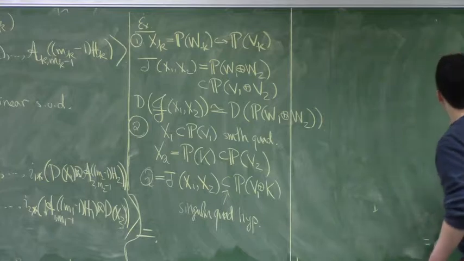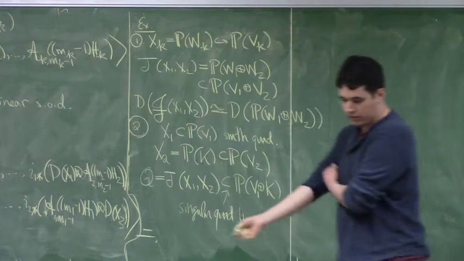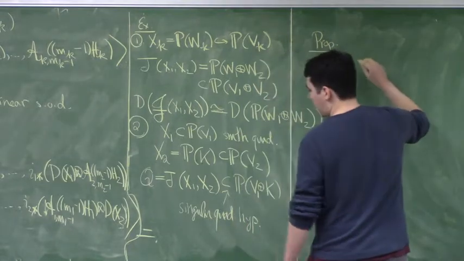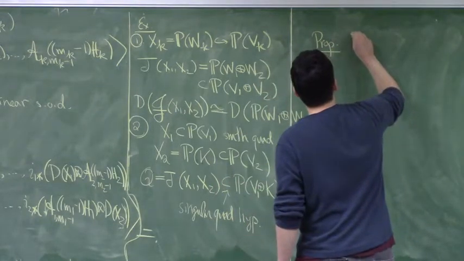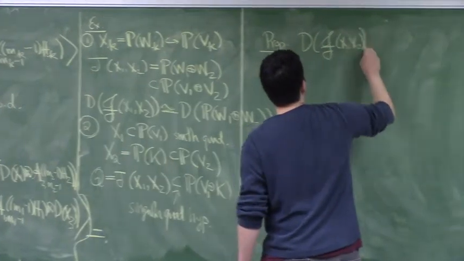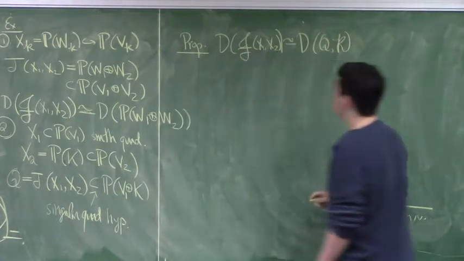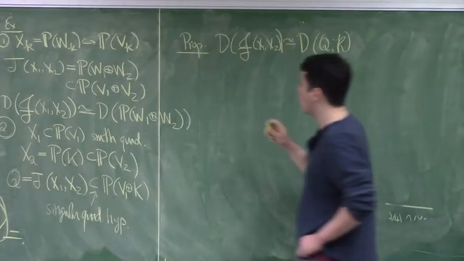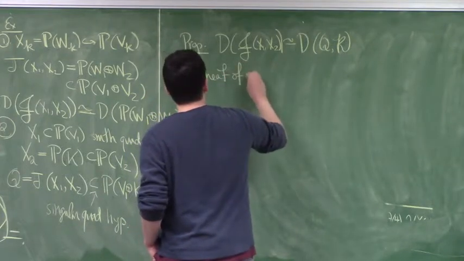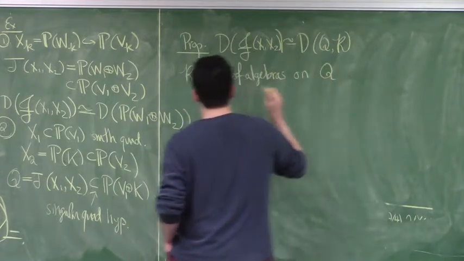It turns out that the following is true. I'll call it the proposition. The proposition is that this categorical join J(x1, x2) is not equivalent to the derived category of Q, but it's equivalent to the category of modules over a certain sheaf of algebras R. Here R is a sheaf of algebras on Q with the following property.